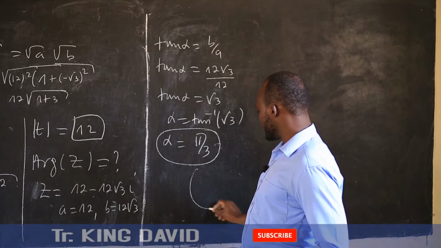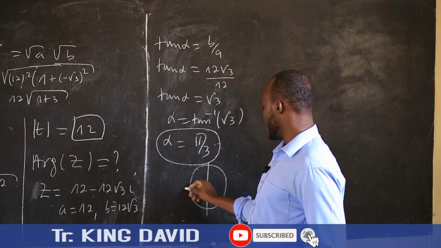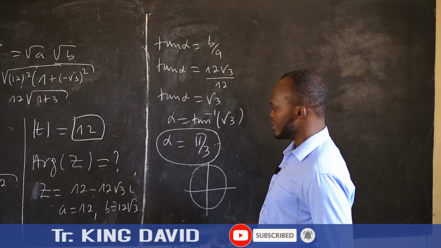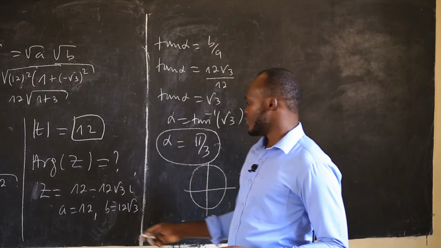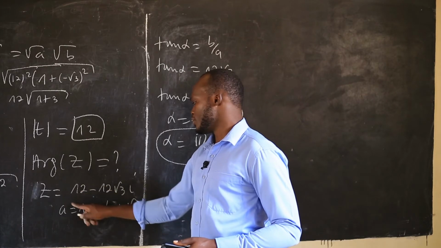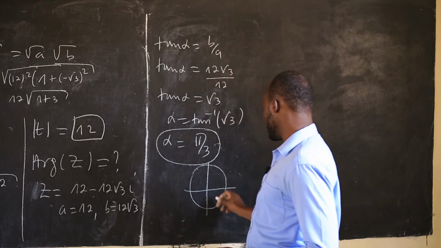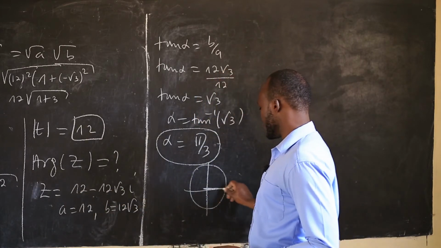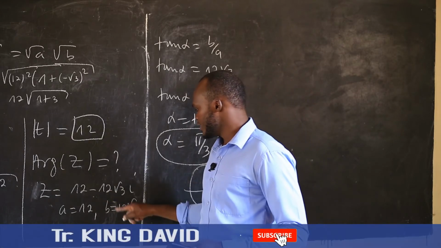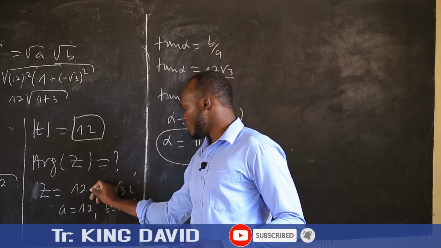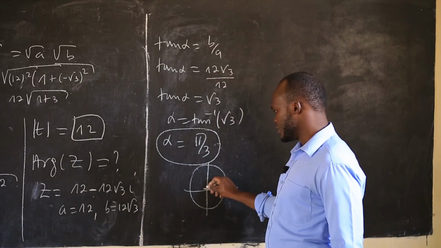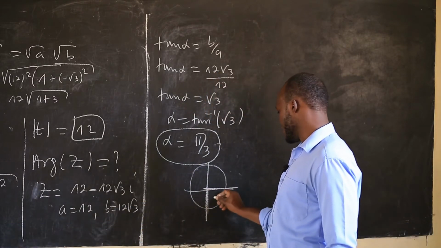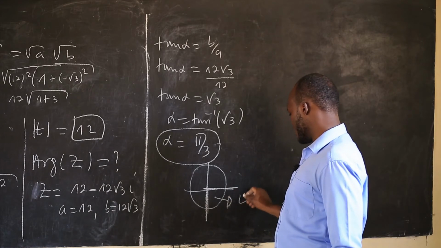So let us go to the circle to know their location, on which quadrant it is. So we have A, it is on a positive x-axis, because it is positive, it is here. But B, it is on negative y-axis, because we have a negative here. You see, they meet on the fourth quadrant.